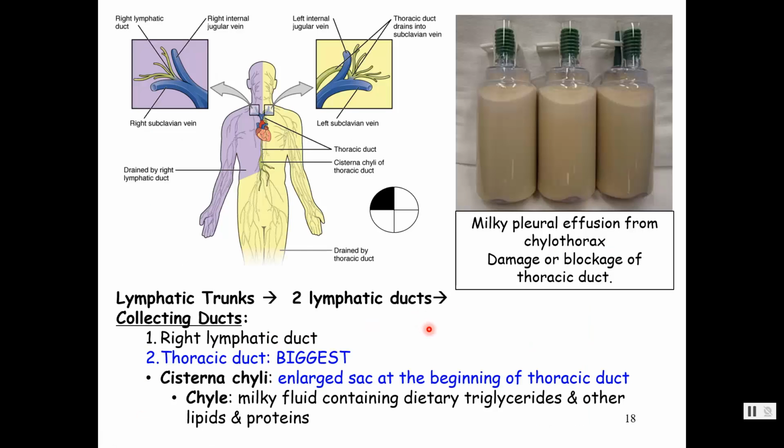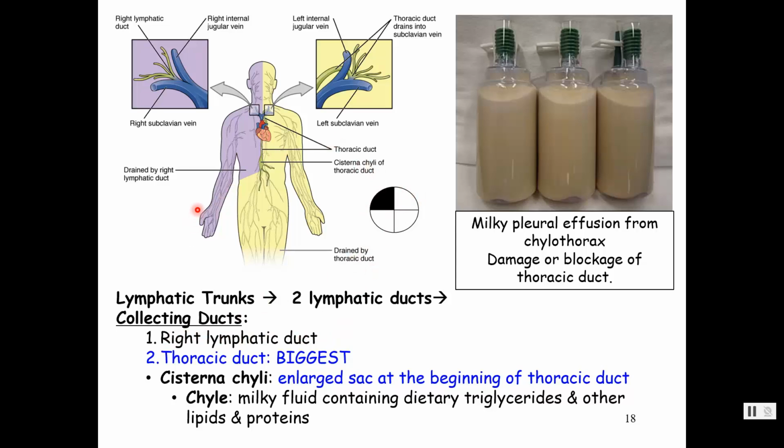And then from the lymphatic trunks, we're going to go to two lymphatic ducts. Okay, so the lymphatic system is not symmetrical, just like the cardiovascular system is not symmetrical. And if you're a picture person, I gave you this little pie diagram. So one of the collecting ducts is called the right lymphatic duct, and it's kind of the slacker.